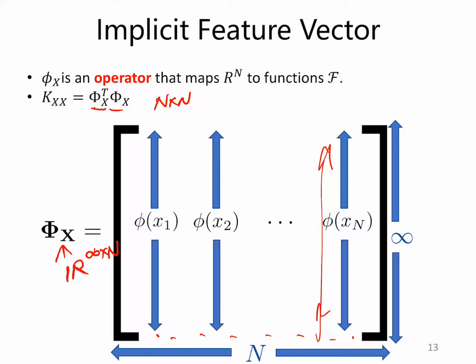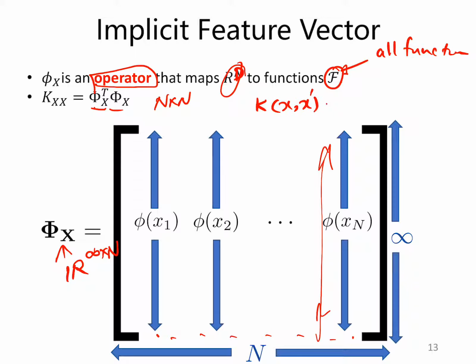So this phi function that I told you about is like an operator that maps your feature space, which is, let's say, d-dimensional, to a space of all of these functions. For example, if I define k(x, x') as that kernel function that I showed you earlier, a space of all periodic functions, f is going to be the space of all of these periodic functions.